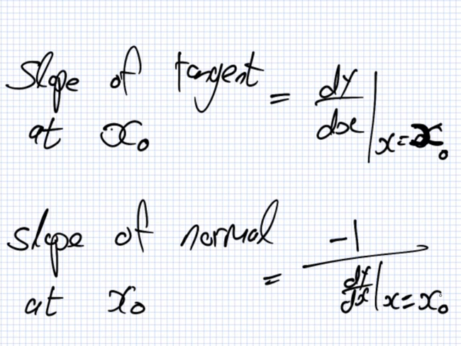Okay, so just to be clear, look. Slope of tangent at, let's just say x0, that's equal to dy dx at x0. And then the slope of normal at x0, that's equal to minus 1 over dy dx at x0.